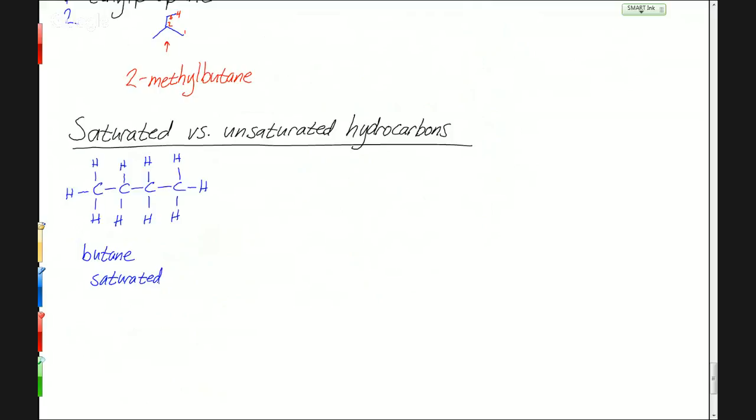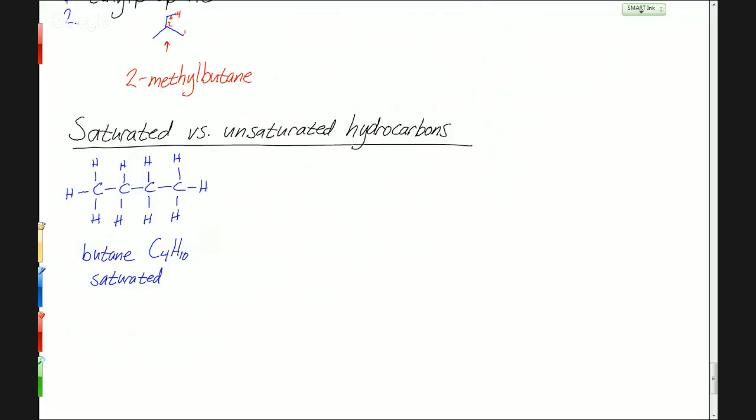We call that a saturated hydrocarbon because there's no way you can put any more hydrogens in there. 4 carbons can have 10 hydrogens with them in a molecule. Can't fit any more than that. So that's C4H10.